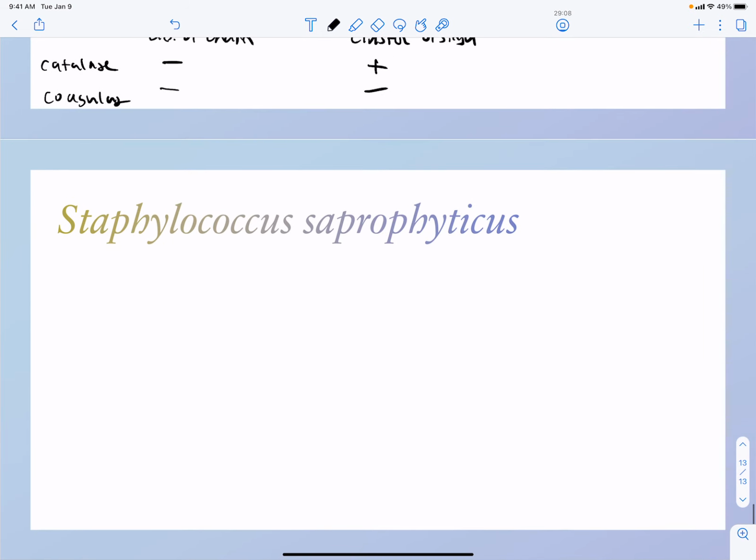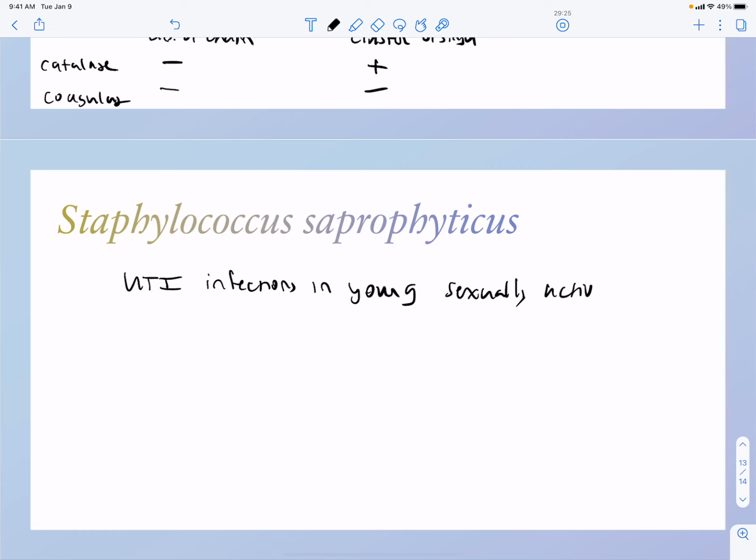Staphylococcus saprophyticus is going to cause UTI infections in young sexually active women. And really no other age group. And so these women are going to get dysuria, painful urination. They're going to get pyuria.